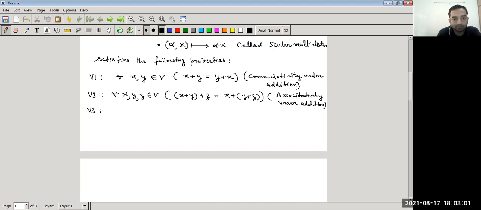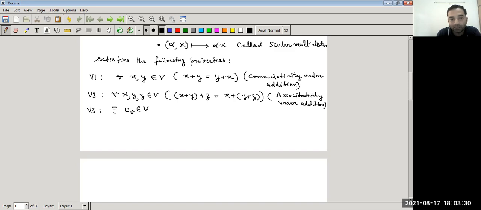Third property: there exists, and this is very important, 0V belongs to V. Because the elements of V are vectors, instead of writing simple 0 we denote this by 0V. 0V means it is a vector, right?